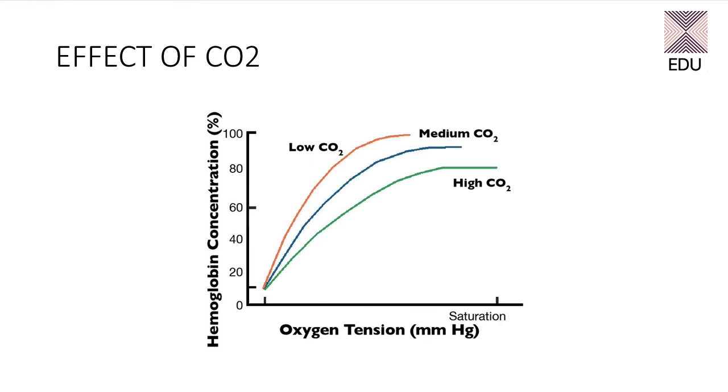And if the carbon dioxide partial pressure is high, then it decreases, as shown in the green curve. You can very well see that the hemoglobin saturation decreases as the partial pressure of carbon dioxide is high. So this graph very clearly shows the percentage of hemoglobin saturation with the carbon dioxide partial pressure.